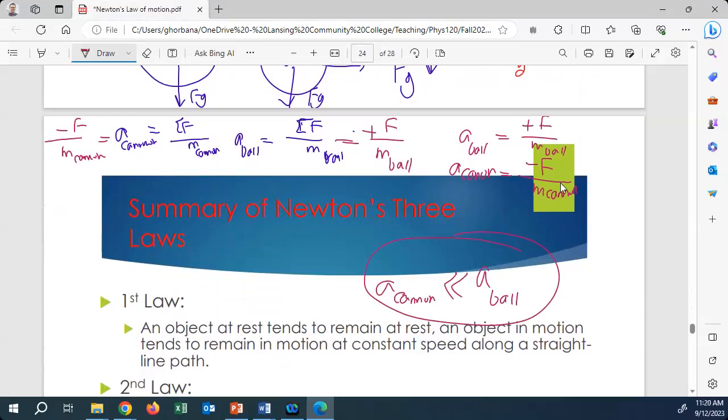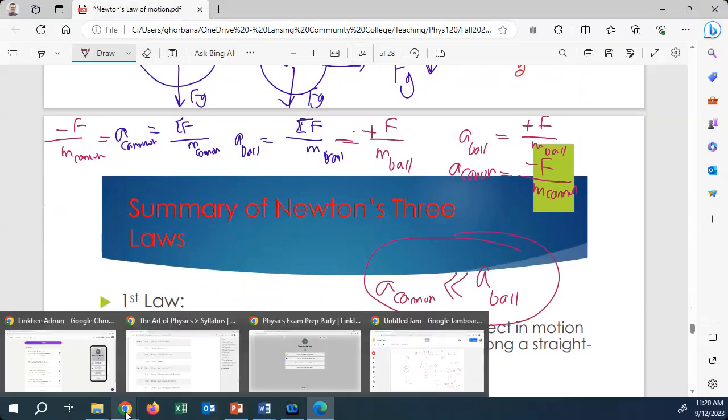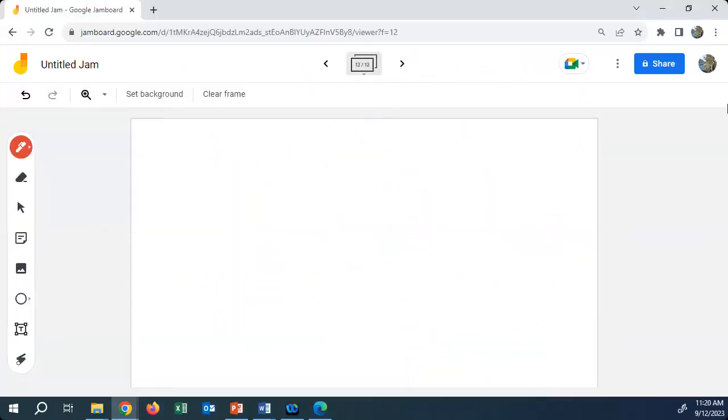If we say that this is one system, let me just draw it.